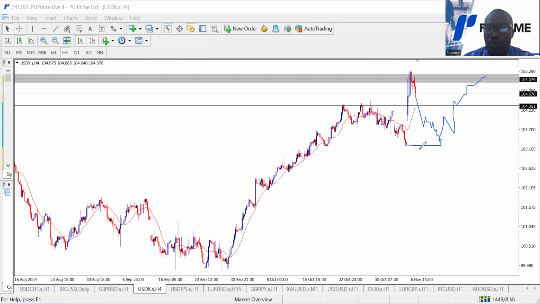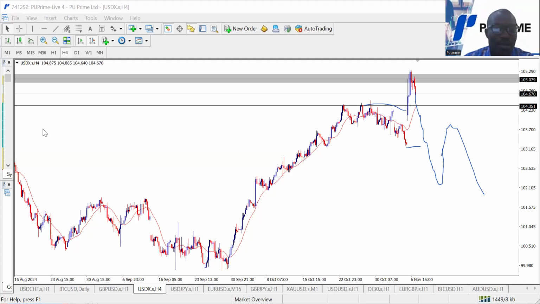If it does not, if it breaks, then it means a reversal will occur, because once the market breaks this low, we have a change of character or a reversal pattern on the higher time frame. Then we look for a retracement and start selling. Those are the important levels we are envisaging.